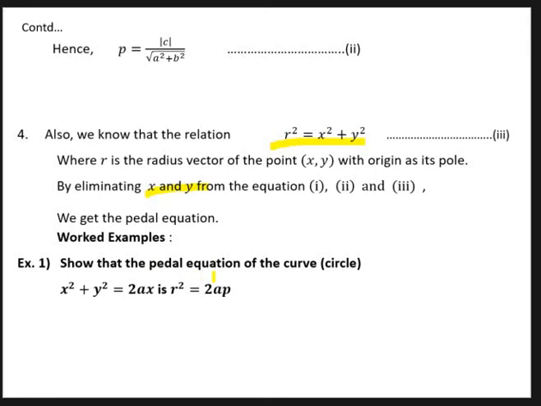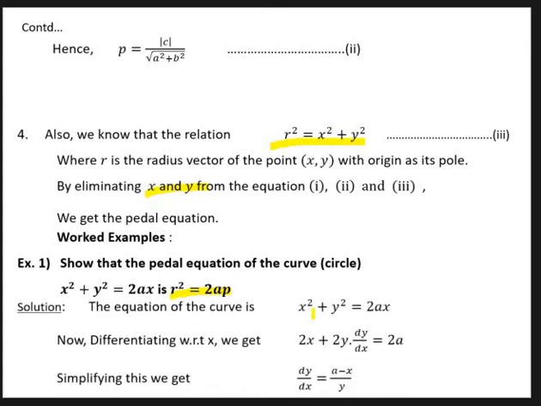Show that the pedal equation of the curve x square plus y square is equal to 2ax is r square is equal to 2ap. Now let us consider the given curve x square plus y square is equal to 2ax. Differentiate this with respect to x. So we get 2x plus 2y into dy by dx is equal to 2a.